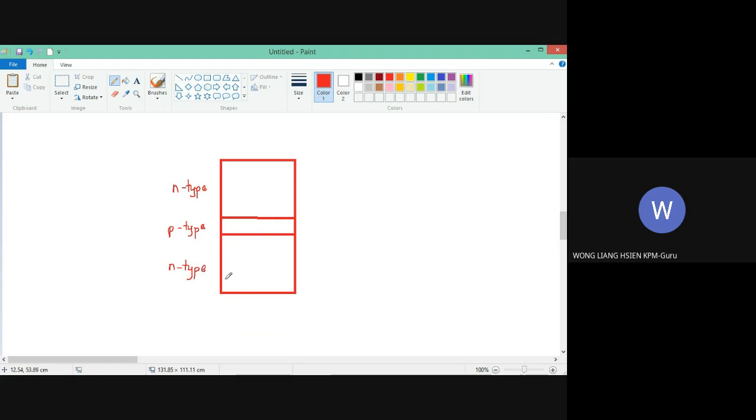When these three types of semiconductor are stuck together, you will have a depletion layer along the border, along the junction, the boundary here. Why? Because the N-type semiconductor has extra electrons and the P-type has holes, right?